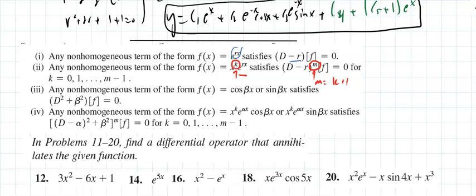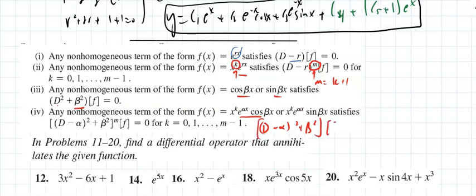So if you're dealing with x squared, then you want 3 derivatives. If you're dealing with x, you need 2 derivatives. If you're dealing with a constant, which is x to the 0, you take 1 derivative. If you see sine or cosine of bx, then d squared plus b squared will take care of business. And if you see that multiplied by an exponential, then that will be d minus alpha squared plus beta squared.